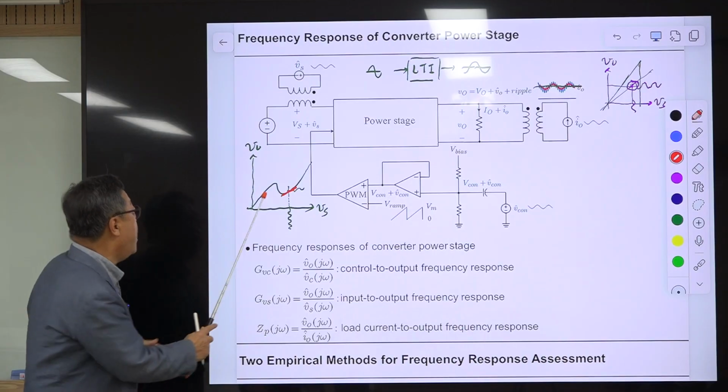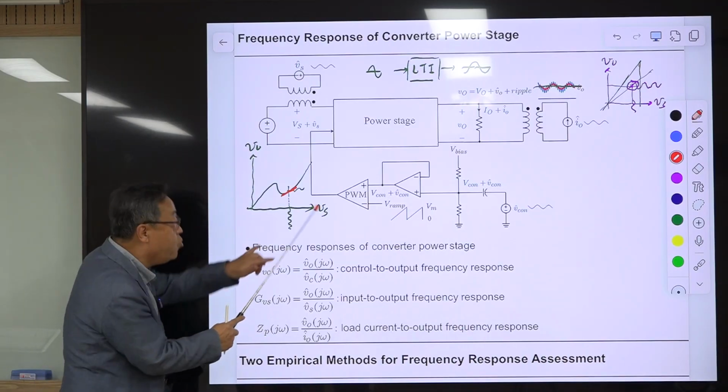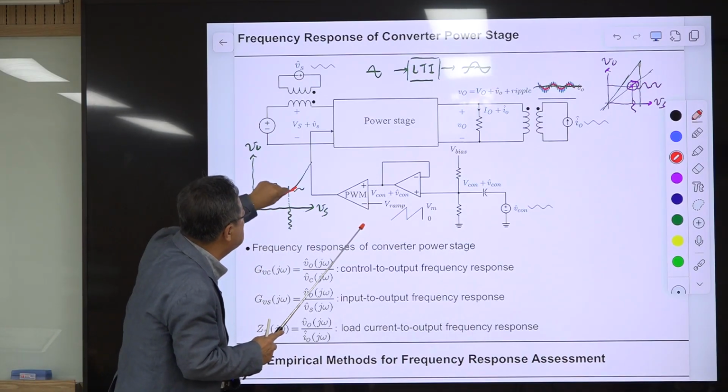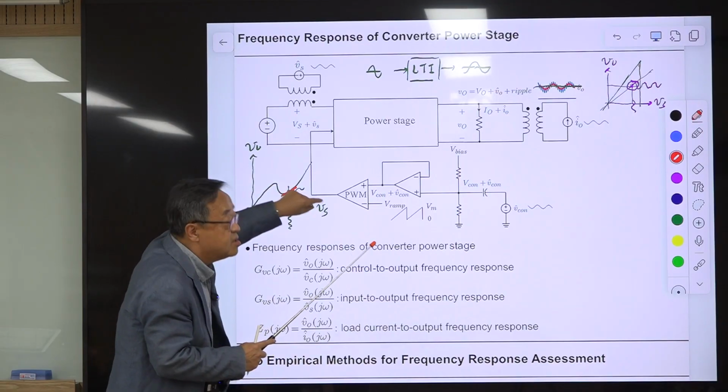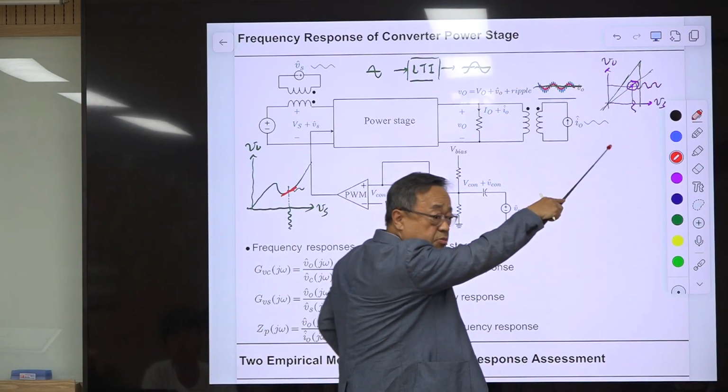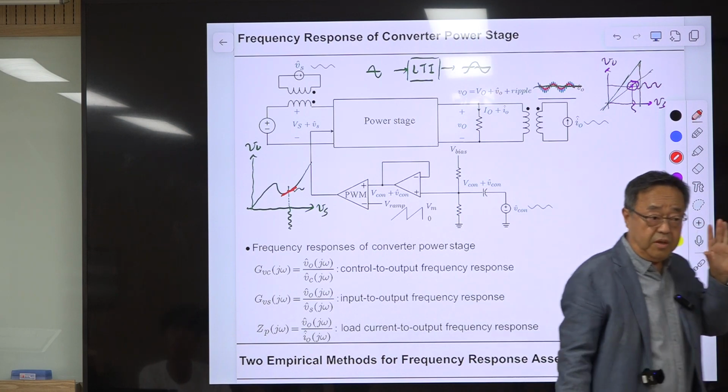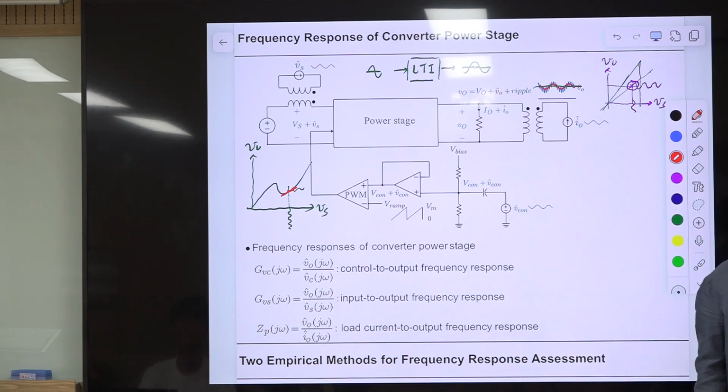Okay, you are staying only around this. Don't go outside. Don't go too far from this operating point. Then you will have something very similar to this. Okay, that is the basic assumption, and that is the basic limitation of this story.